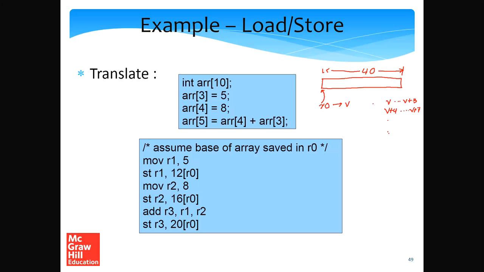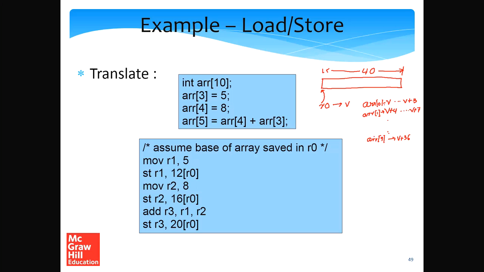So we can say that the starting address of the array, in this case array 0's starting address, is V. The starting address of the first entry is V plus 4, and so on. Similarly, the starting address of the ninth entry, the last entry in the array where we start counting from 0, is essentially V plus 36.